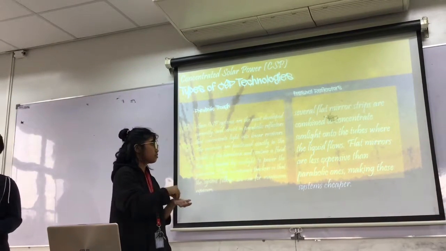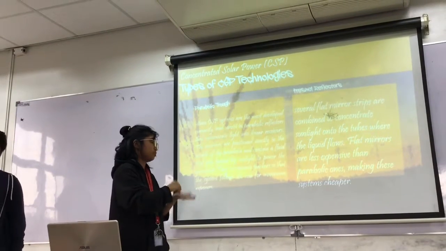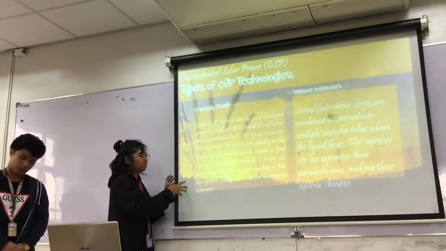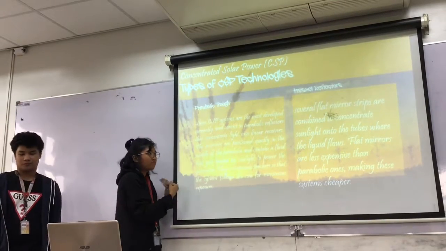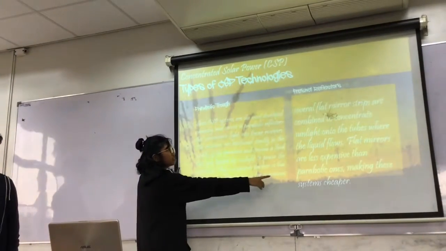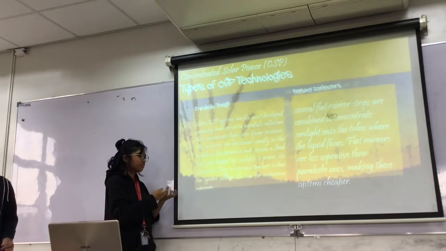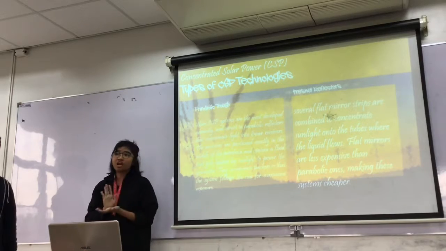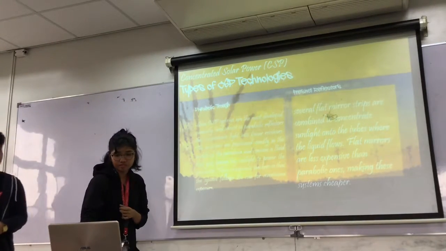Flat mirrors are less expensive than parabolic ones, making these systems cheaper. So, unlike dito sa parabolic, since may trackers to, mas mahal to. But, unlike dito sa Fresnel reflectors, mas maganda yung quality na mapoproduce niya since nasusundan niya nga yung araw. So, it will get more energy from the sun.